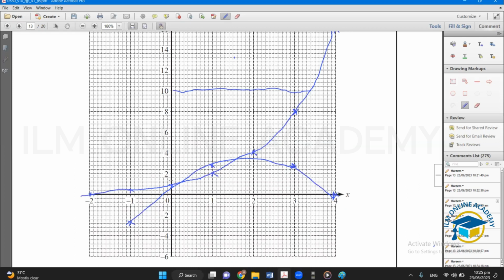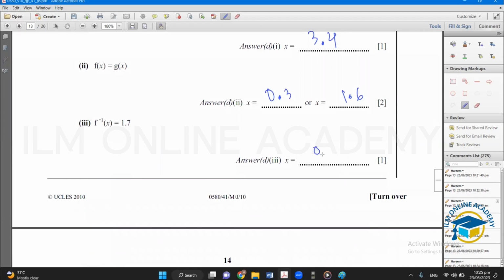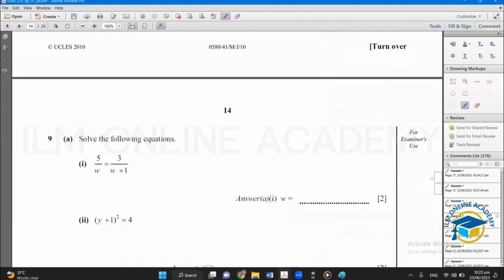So for 1.7, it is somehow, I guess, 0.3 or 0.4. For the grid, it's quite difficult to pay so much attention on the laptop because of the lighting.